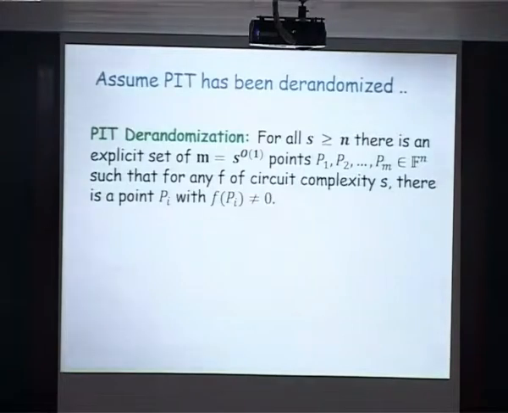So here's how it goes. Assume you have the strongest possible kind of identity testing algorithm you could hope for, which means the following.